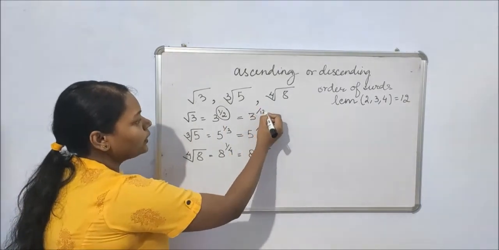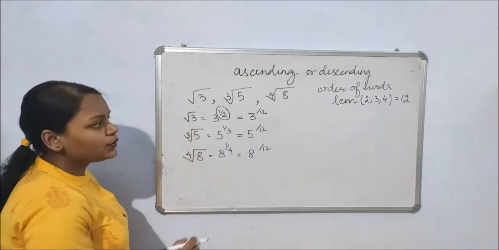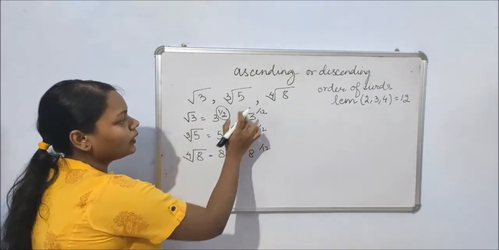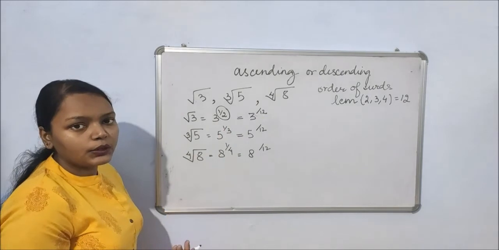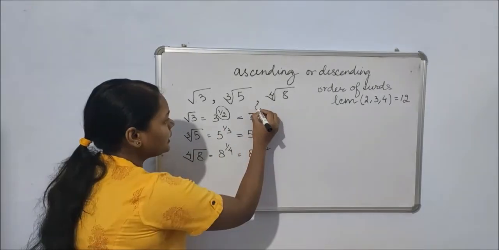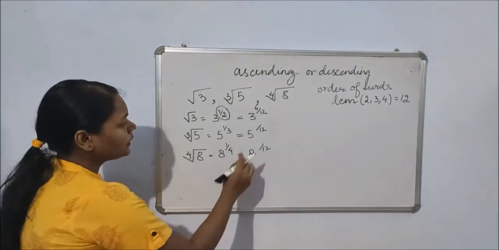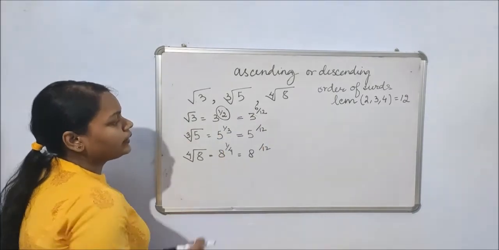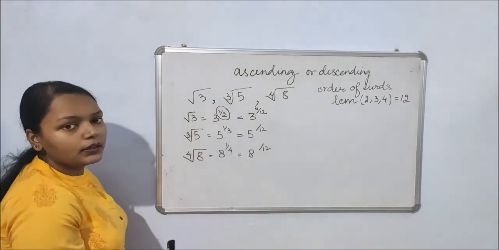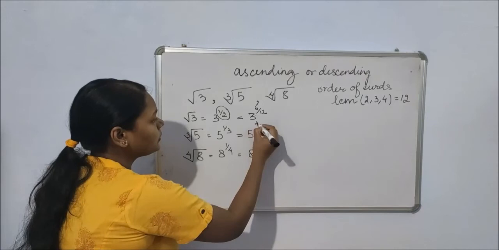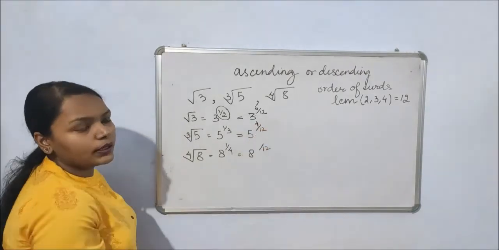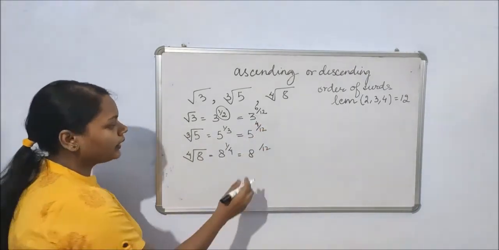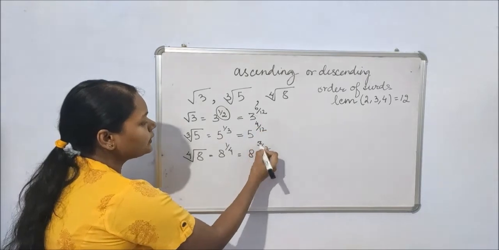However, when I simplify this, I should get 1 by 2. So, what number should I place in the numerator so that I get 1 by 2? Simply 6. What should I place in the numerator here so that I get 1 by 3? We can write 4, because 4 over 12 gives 1 by 3. Then again, here we can place 3.